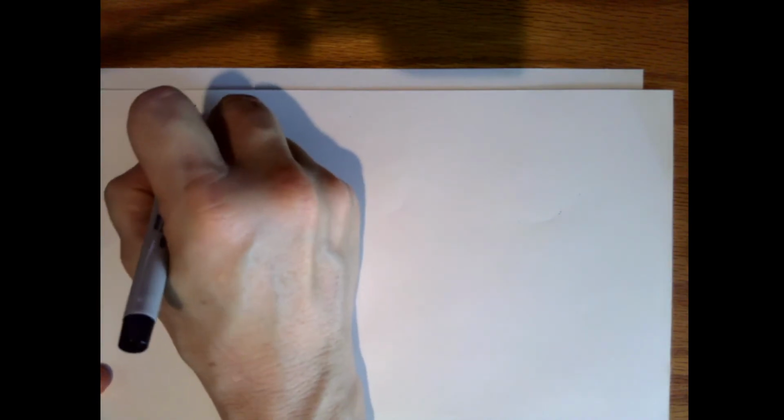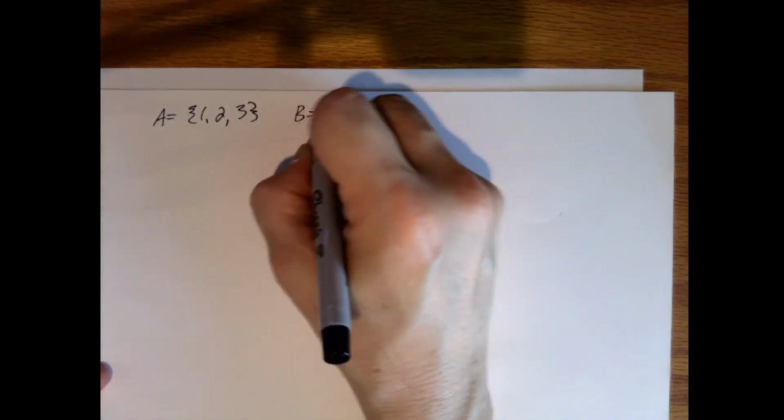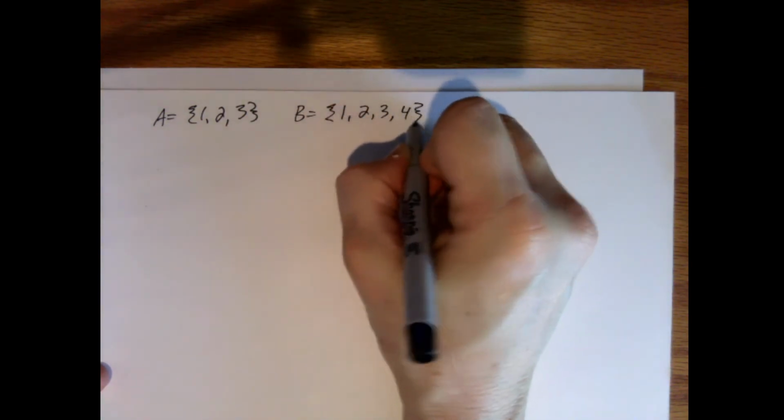So let's say we have these two sets. A is equal to 1, 2, 3. And once again, order doesn't matter. I just do it because it's easy to write it in order off the top of my head. And B is equal to 1, 2, 3, 4. Right?